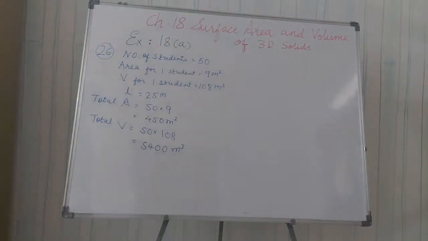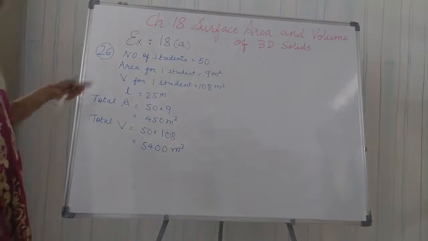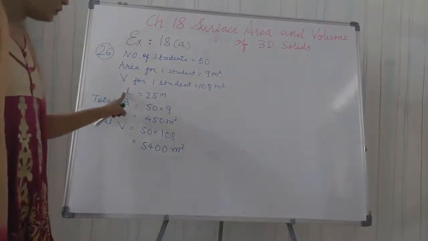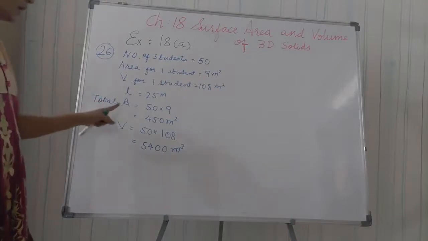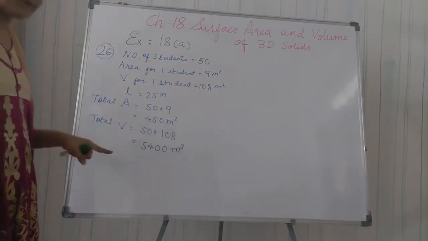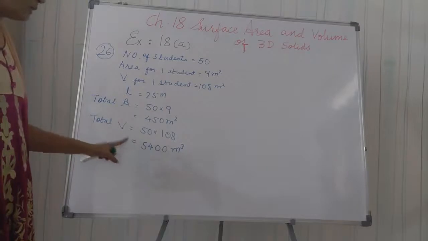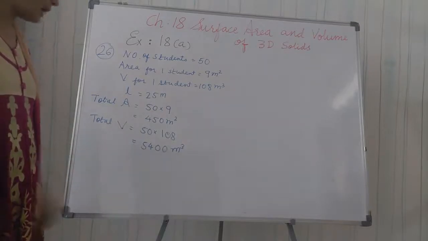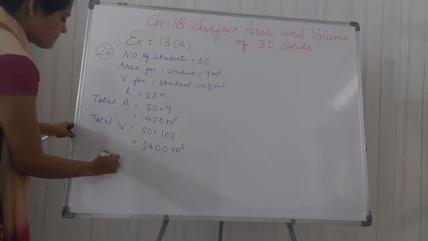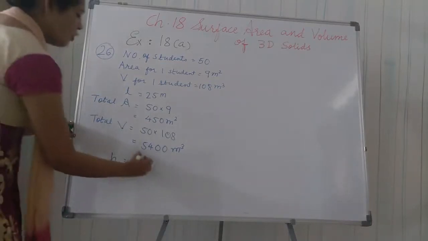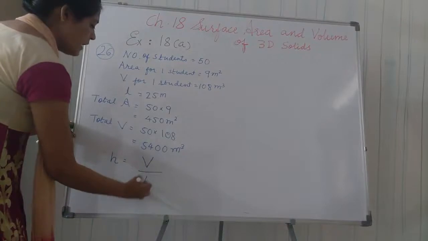Now we have the length of the room, but we want to find breadth. As you know, area means length into breadth, and volume is length into breadth into height. So for height, I can write volume divided by area.